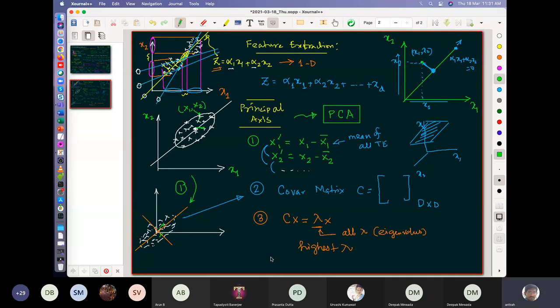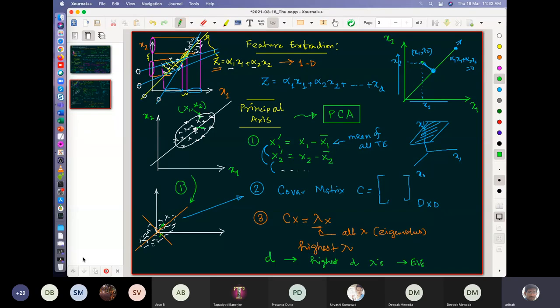So now you can see easily, if I want to transform these points into d-dimensional space, I will take the highest d lambdas and correspondingly the eigenvectors of that, and those eigenvectors corresponding to the highest d number of lambdas will correspond to all the d principal axes, one after another.